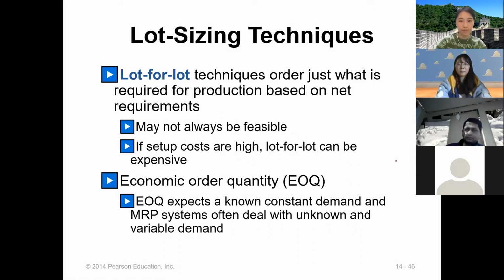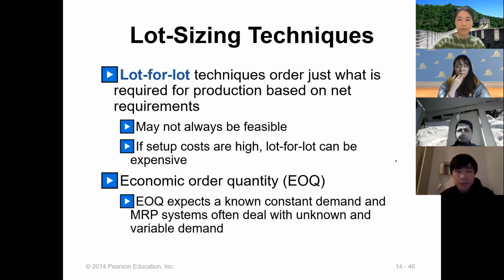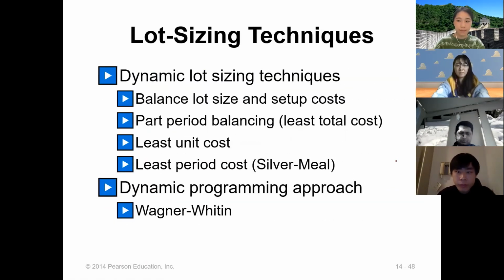I'm not going to go into this, but there are other MRP techniques that consider lot sizing, lot for lot, especially if setup costs are high. You try to reduce the number of setups so that you can produce more and it will become cheaper. So there are lot sizing techniques.